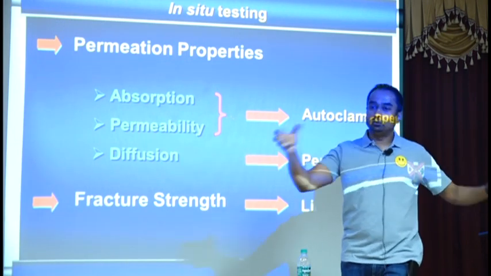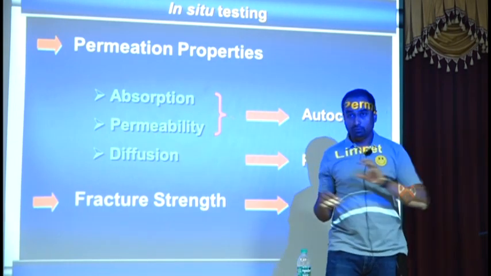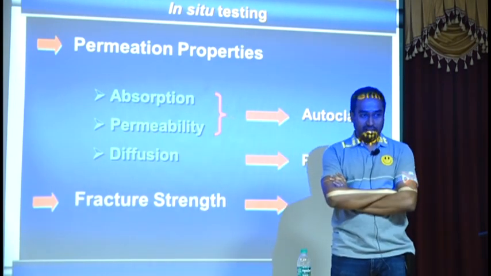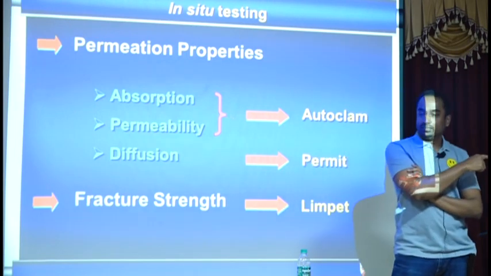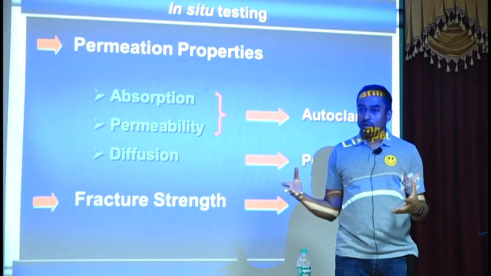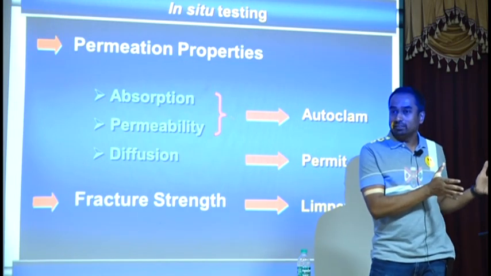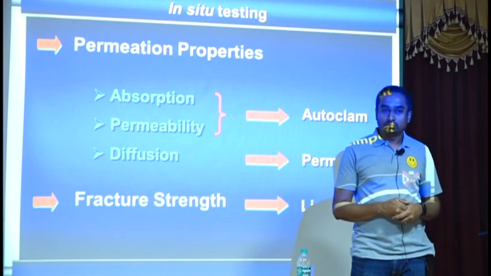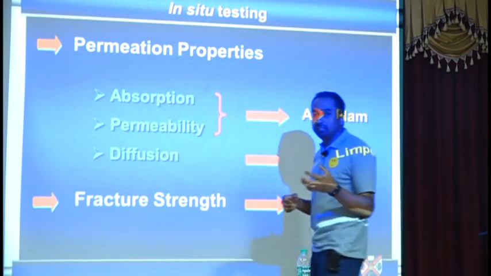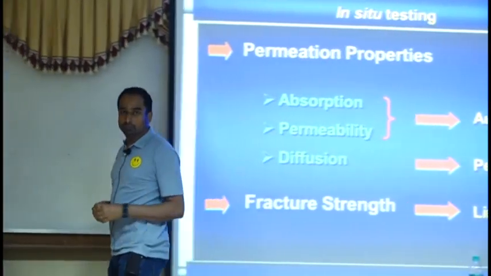Your test is to go back to the site, right? So you took a core from the site, you tested it out, you got milligrams per day. How do you go back to the site to say that milligrams per day is equivalent to this much water ingress onto the structure? So you need a way of relating that to the surface area.